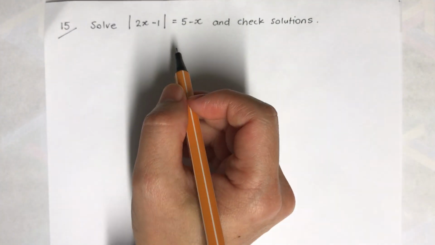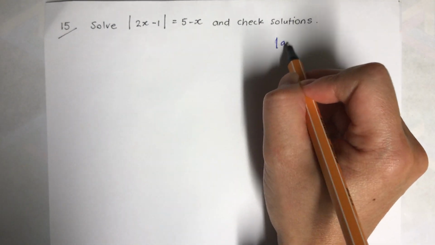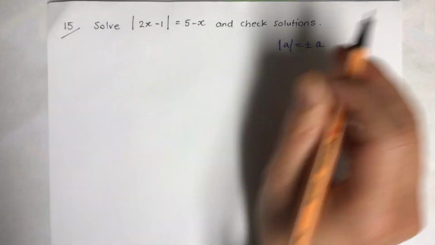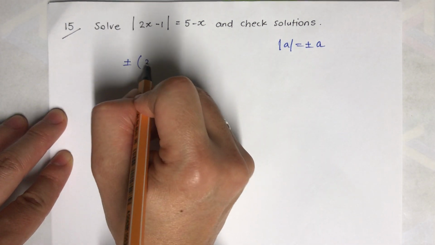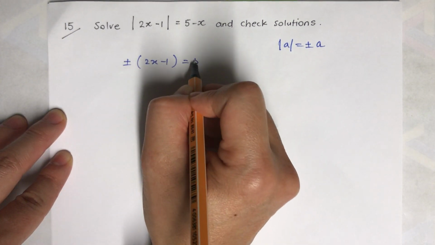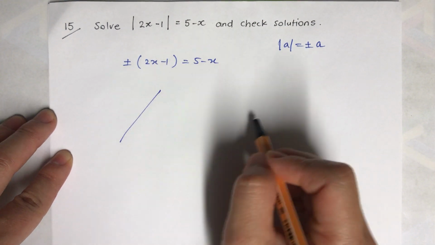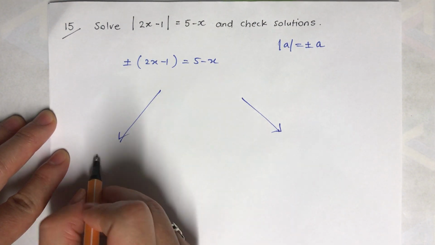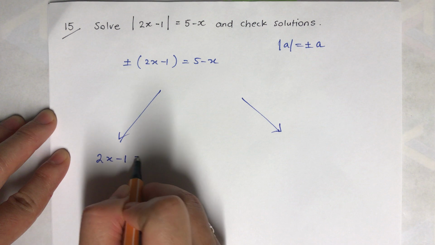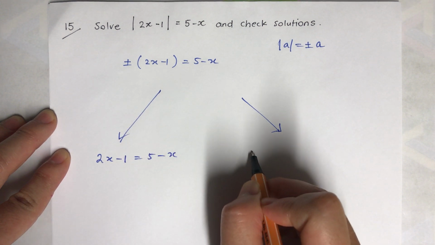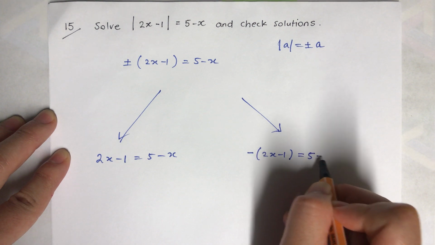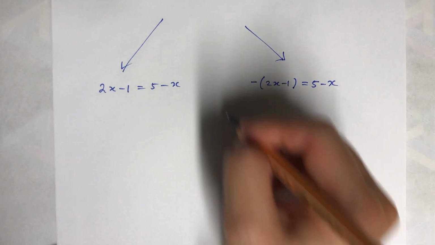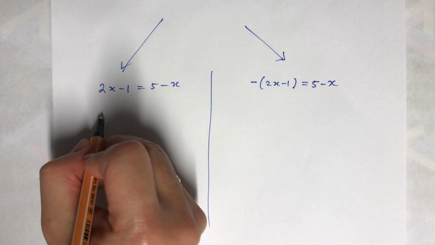Again, absolute value, remember? Plus minus a. So there'll be 2 cases. So I'm just going to write it this way. 5 minus x. 2x minus 1 equals 5 minus x. And here, I'm going to do 2 all at once.